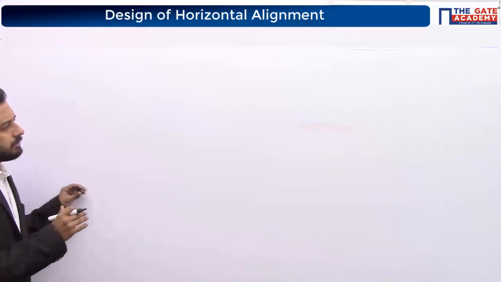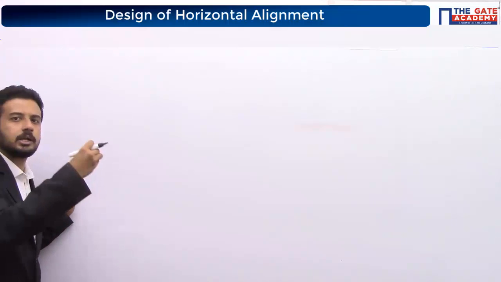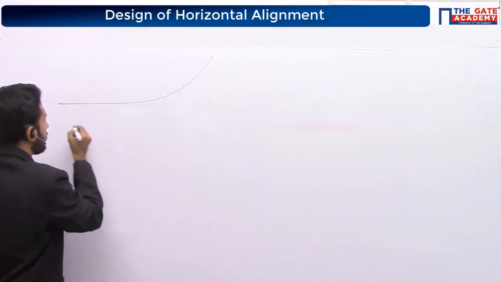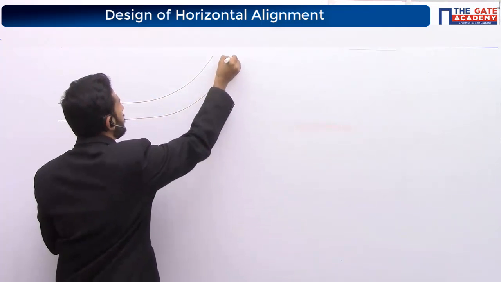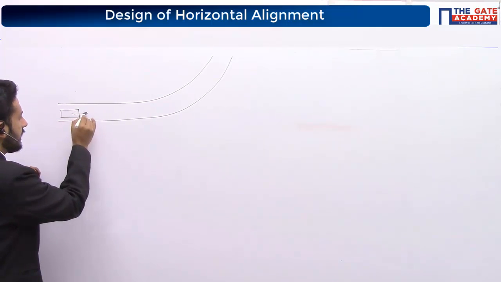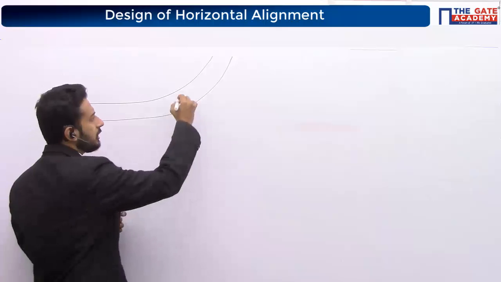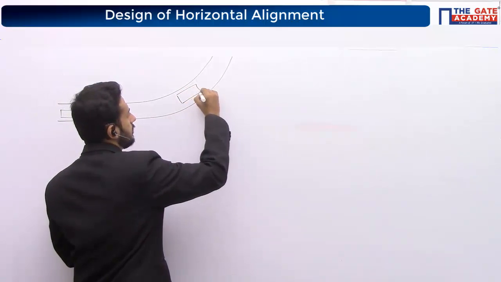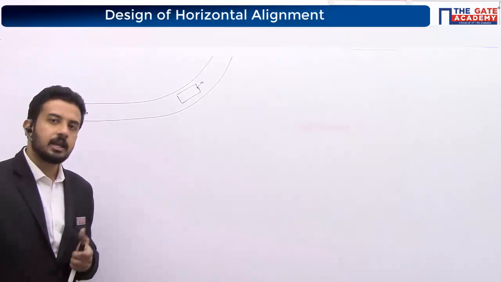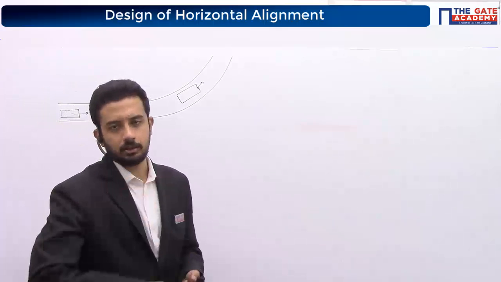Okay, simply if I am drawing a top view, just imagine this is a top view of a road. Here it is the straight road. You are moving like this, and whenever you are reaching the curve, you are moving in this direction. Whenever we are reaching the curve, an extra force is going to act on this vehicle.